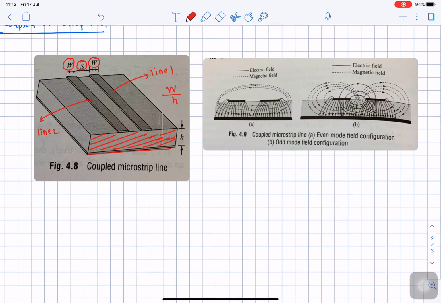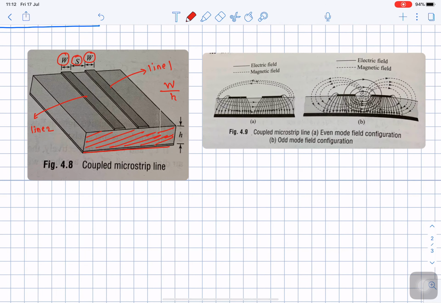When they are kept together by spacing a certain gap between them, it will create some mutual effect. So when these two transmission lines are excited with a signal, what will happen? The electric field lines of one transmission line will interfere with the field lines of the second transmission line, and it is going to create a certain sort of mutual interference.